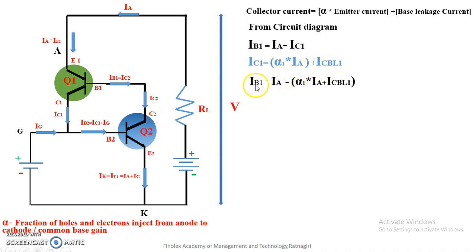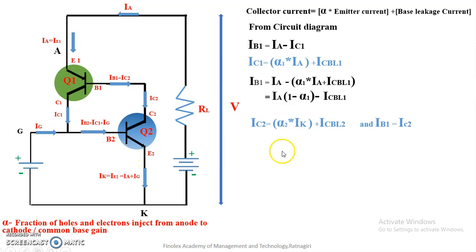So the base current equation is IB1 is equal to IA minus IC1, where I have replaced IC1 with this whole equation. If you take IA as common, you get this. Then the collector current of the second transistor is given by the same common equation: alpha 2 times the cathode current, because the cathode current is the emitter current for the second transistor, plus ICBO2, the leakage current for the second transistor.